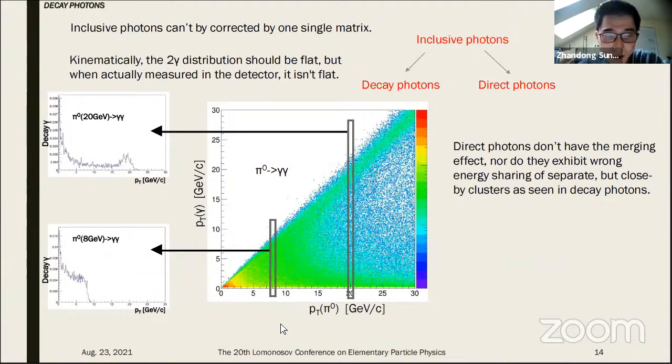When pi0 decays to two similar gammas, they will fall into one cluster. But this kind of property doesn't show up in the case of direct photons, and the direct photons also don't exhibit wrong energy sharing of the neighbor clusters.